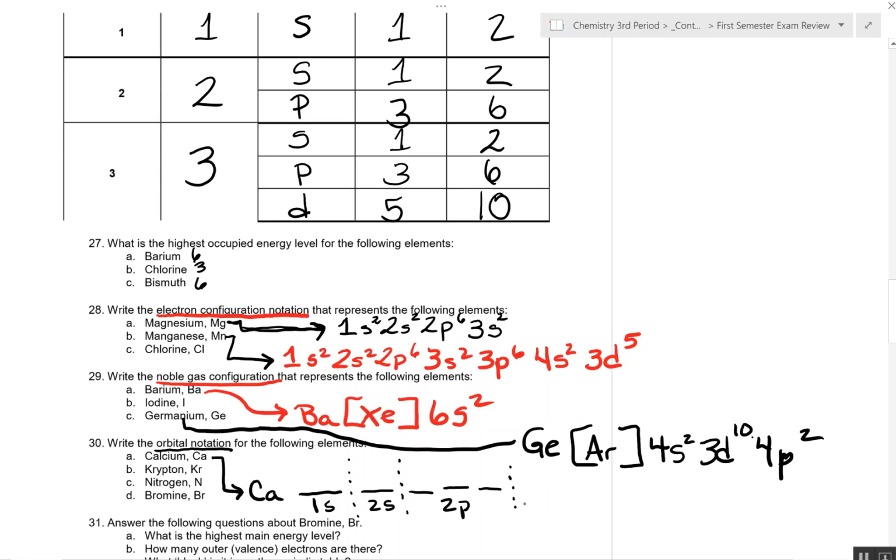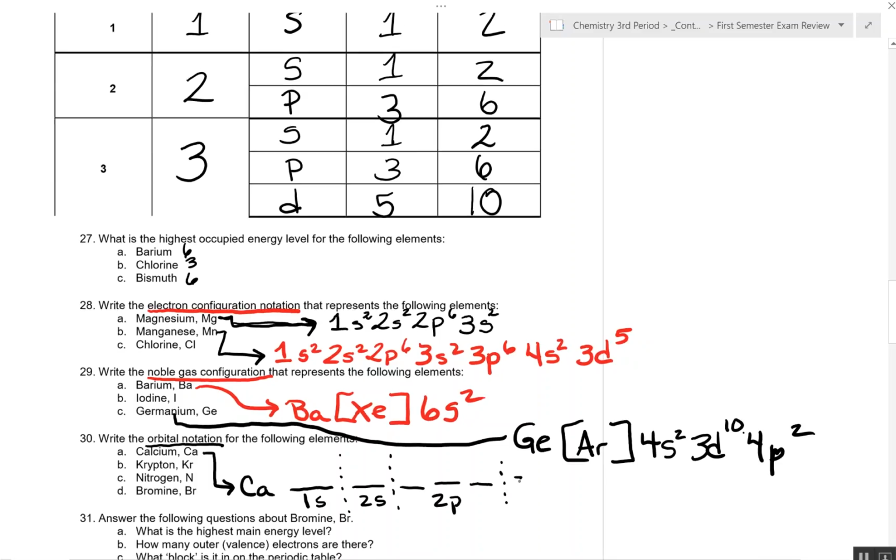This gets really complicated. 3s, 3p, and 4s.